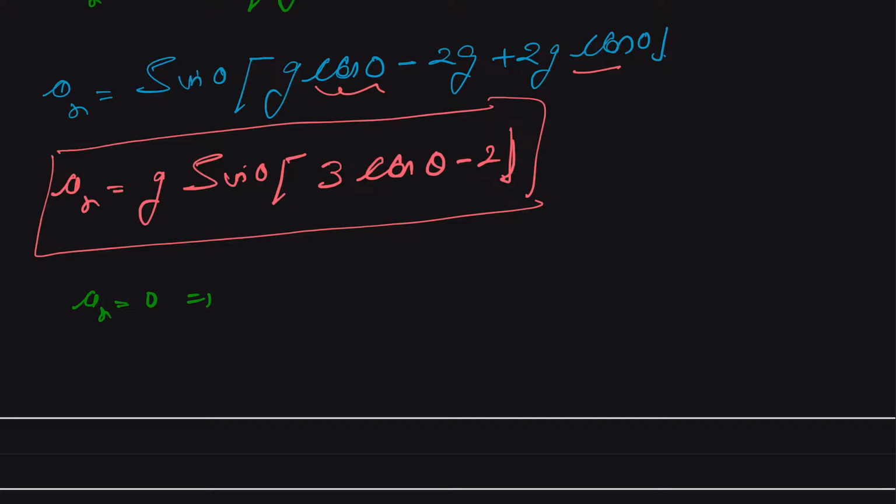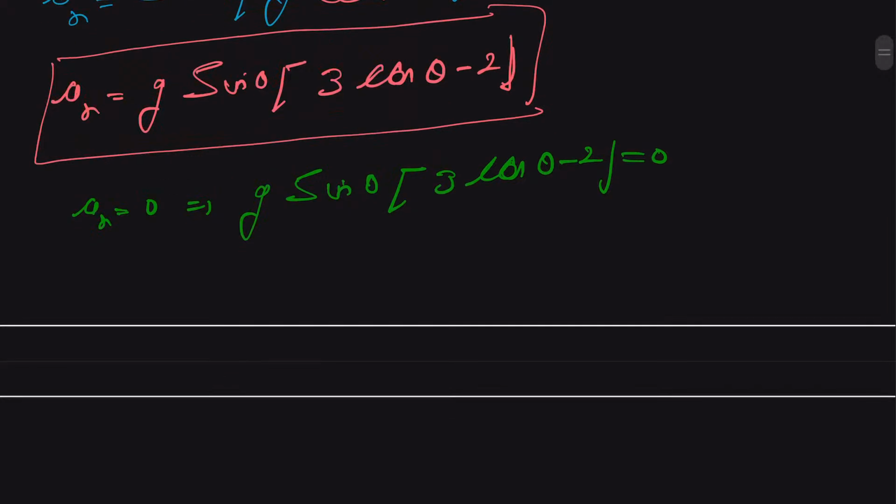So this gives us g sine of theta times 3 cos of theta minus 2 is equal to 0. Obviously g cannot be equal to 0, so either sine of theta is equal to 0, or 3 cos of theta minus 2 is equal to 0.